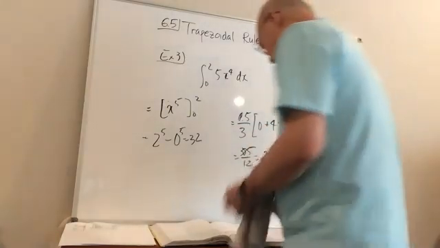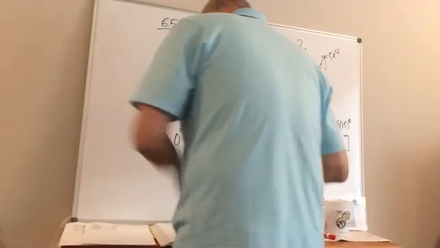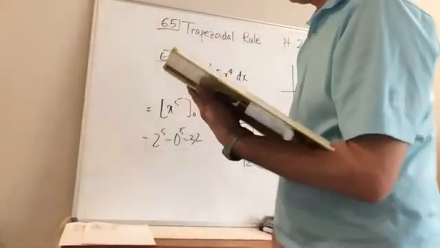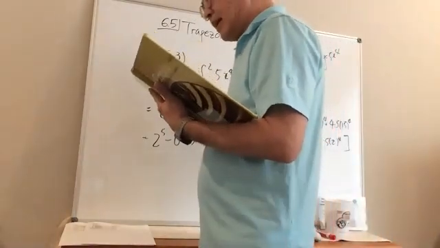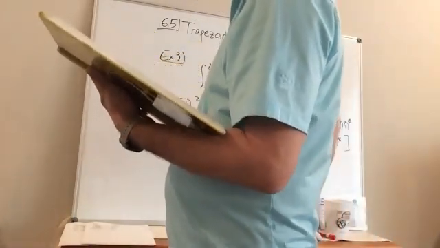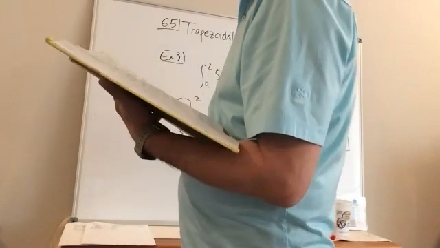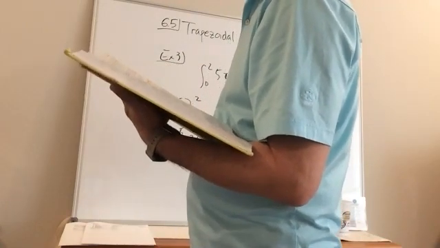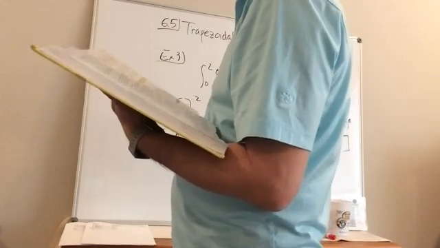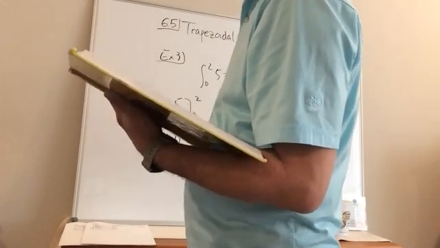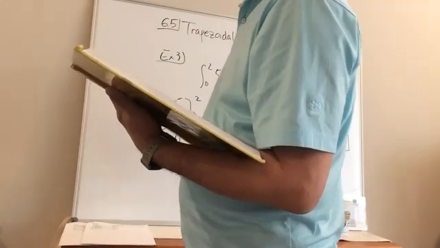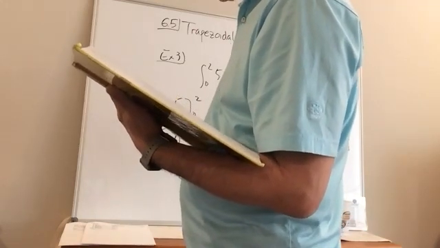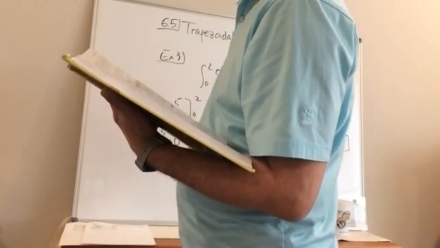All right, last but not least, there's what we call the error analysis. Go to page 319. It says if the trapezoid rule and the Simpson rule represent the approximations to the integral from a to b of f of x dx, then the errors for each of them satisfy this.